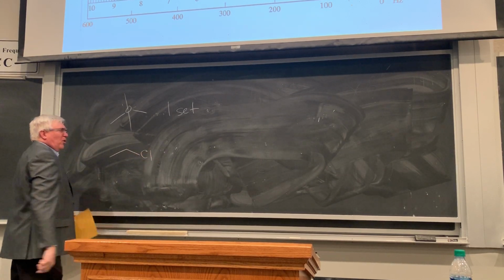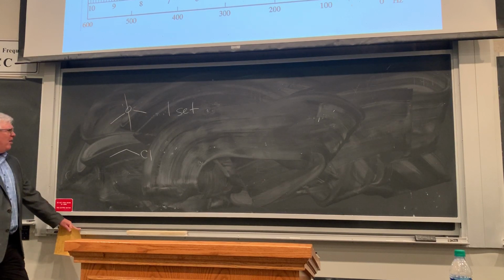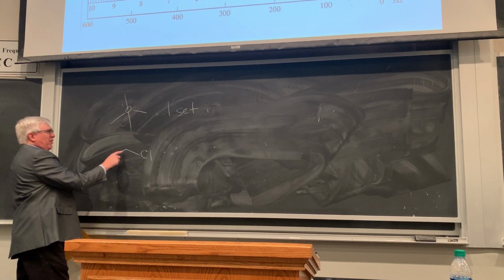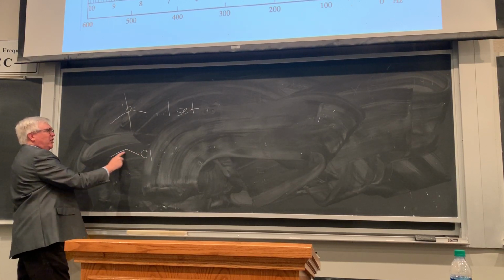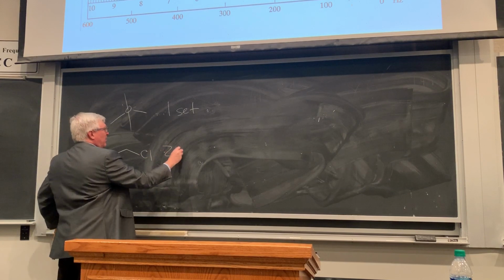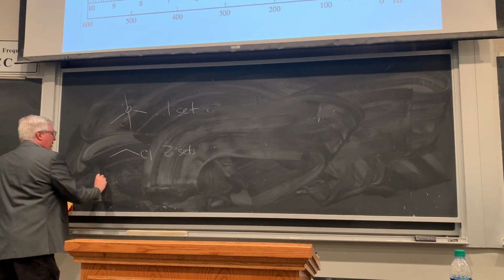How about ethyl chloride? How many sets of non-equivalent hydrogens will we expect to see in the NMR? Well, this methyl, CH3, is different than the methylene, okay? In proximity to the chloride, and there's no symmetry exchanging those 2 groups. So how many sets? 2 sets, okay? Expect to see that in the NMR. How about this ether?